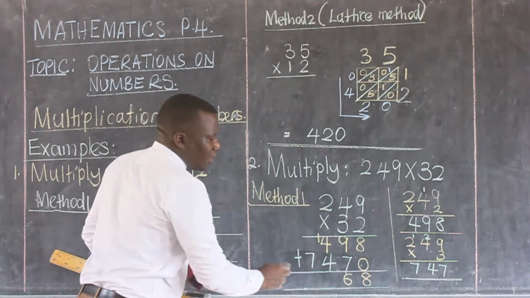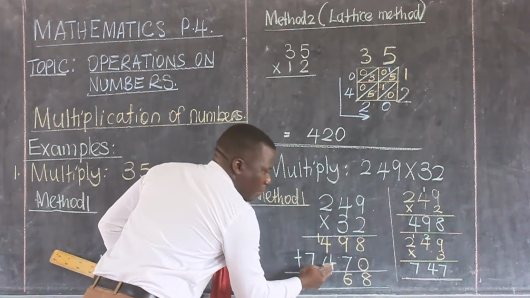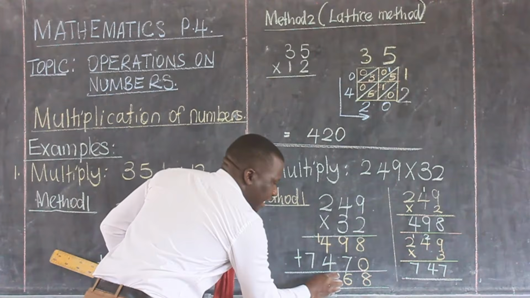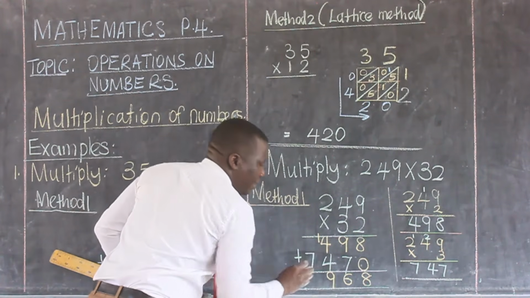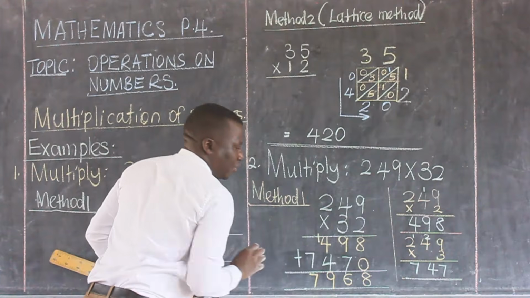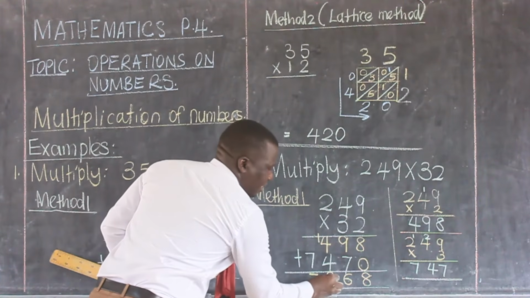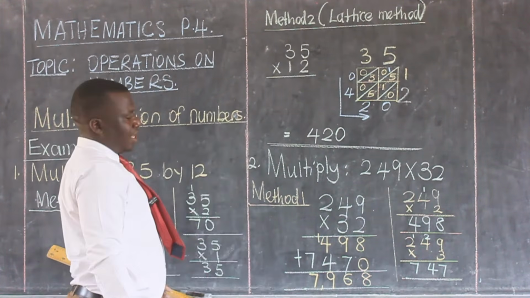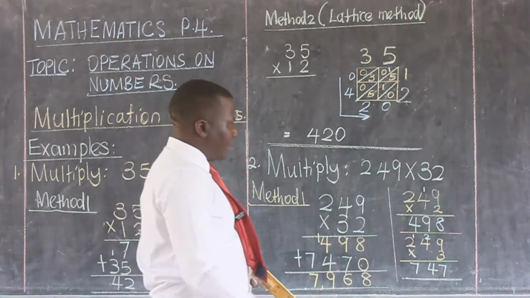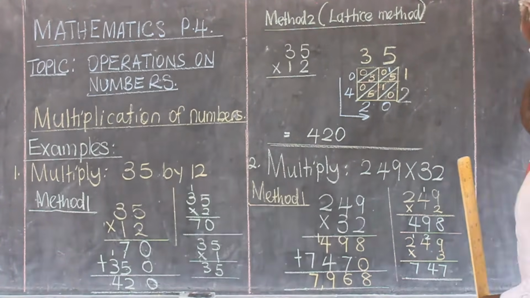Okay? You have 4 plus 4. You get 8. Plus this 1. You get 9. Okay? And 7 plus nothing. You get 7. So your answer is 7,968. Are we together?